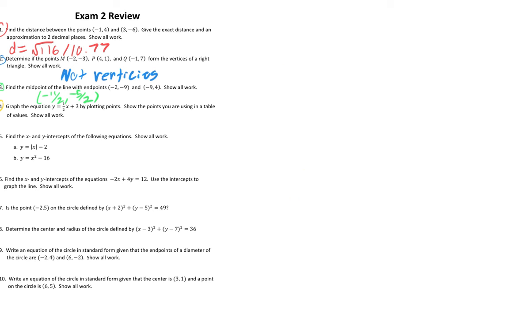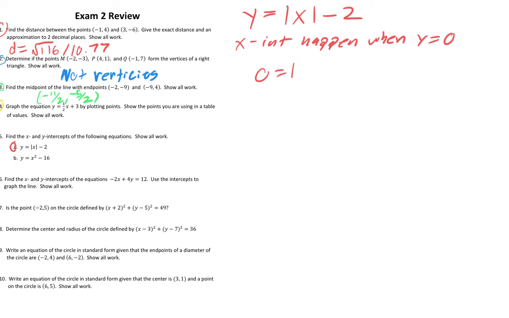Okay, so now we want to look at 5a here. So we want to find our x and y intercepts. So we know that y is equal to the absolute value of x minus 2. So to find our x-intercept, that happens when y is equal to 0. So we're going to say 0 is equal to the absolute value of x minus 2.